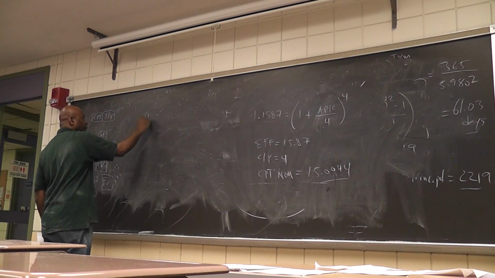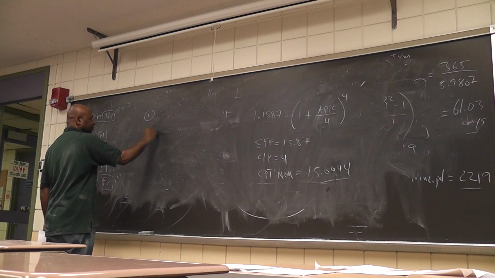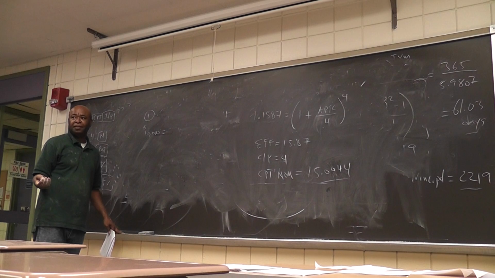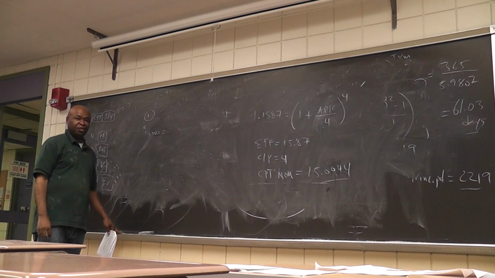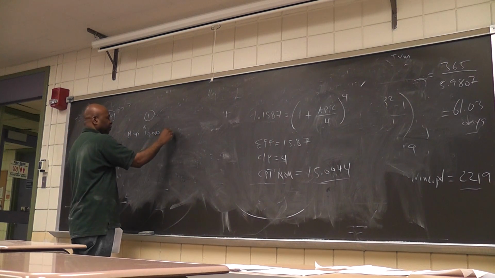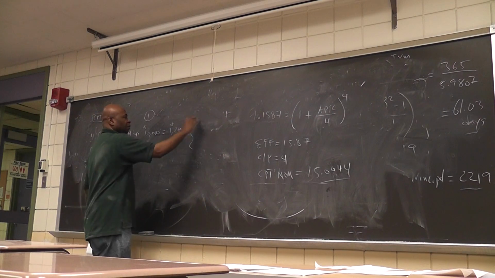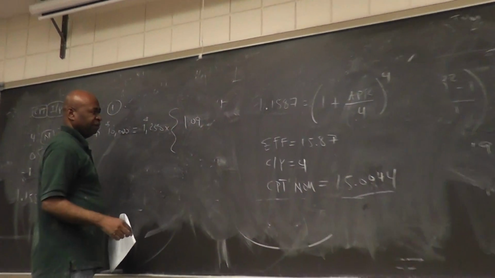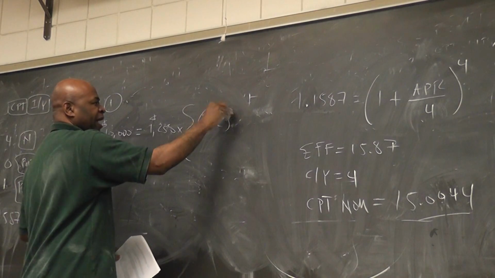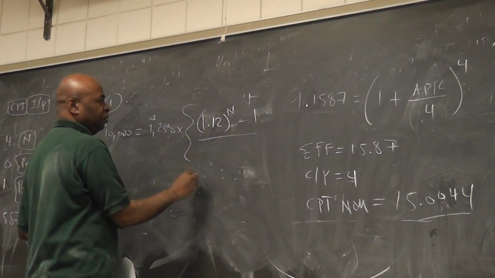So part one, it's a number of years, so 10,000 will equal the future value of an annuity, right? Here I'm looking for N, so that 10,000 will equal 1250 times (1.12 raised to the power N, my N is the unknown here) minus 1, over 0.12.